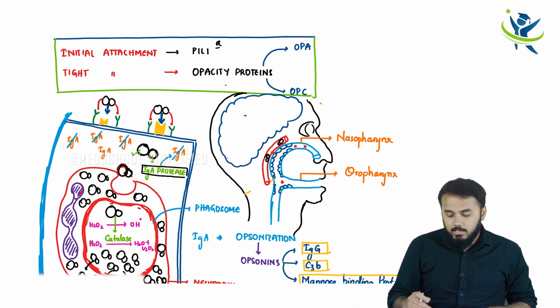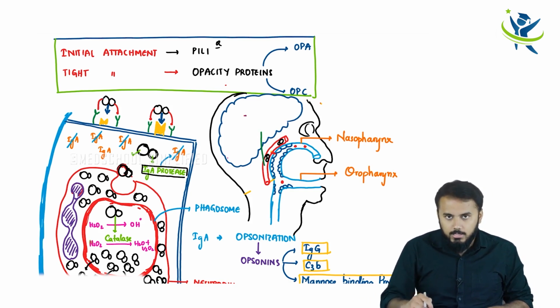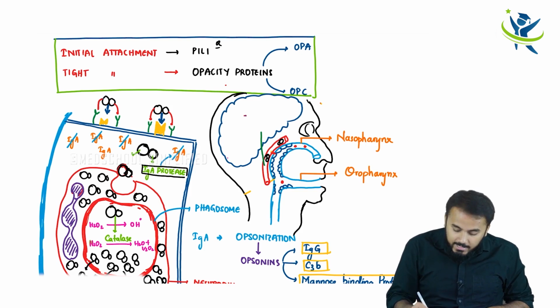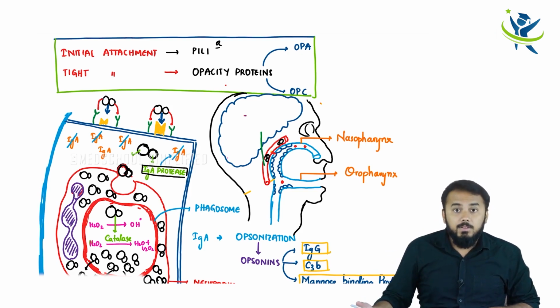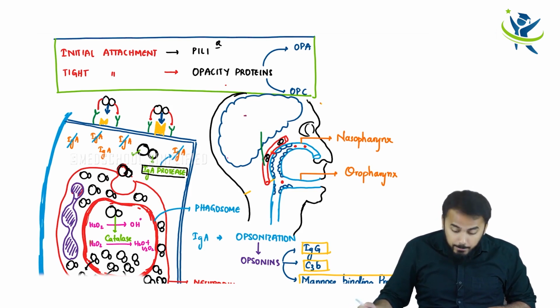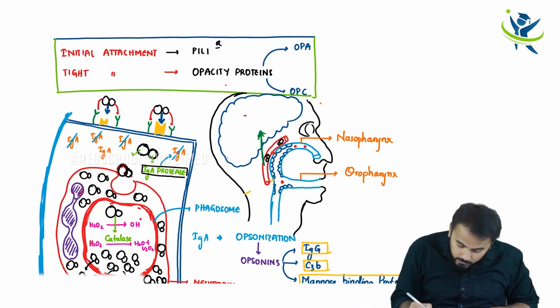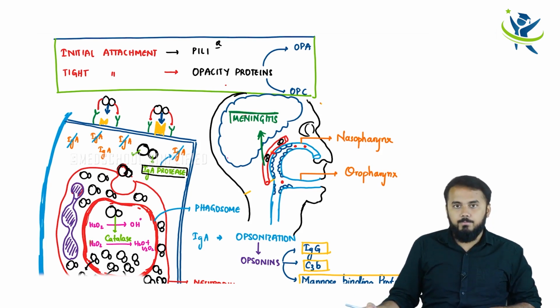If this bacteria from the blood circulation of the pharynx, that is the nasopharynx and the oropharynx, which you can look at in the picture here, from here if the bacteria ascends up into the brain, what will happen? It will cause a condition called meningitis. Obviously all of you know that this is going to cause meningitis. Keep this in mind.